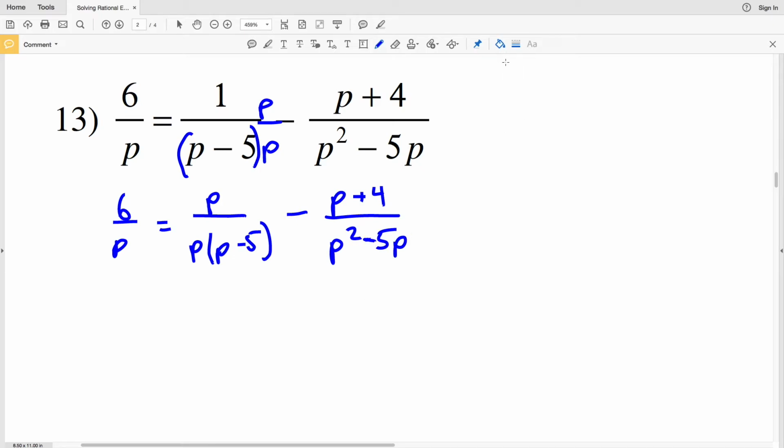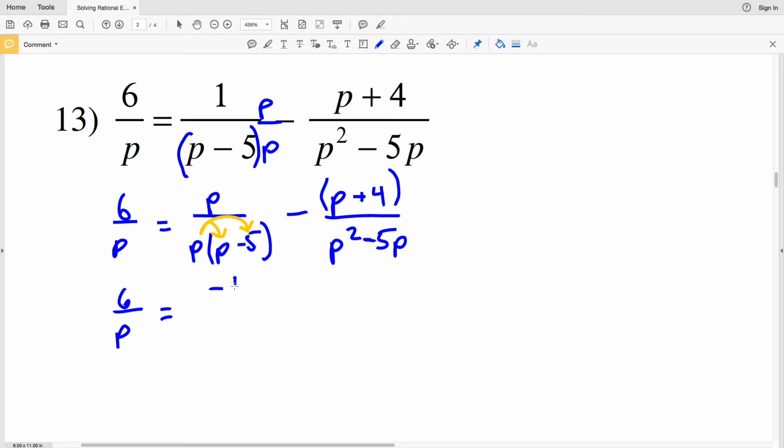And notice that now we have a common denominator, because if we were to distribute this p, we would get p squared minus 5p. So we can combine these numerators now. We'll have 6 over p, so p minus p plus 4 is p minus p, and then we're subtracting that 4, since the subtraction would be distributed.